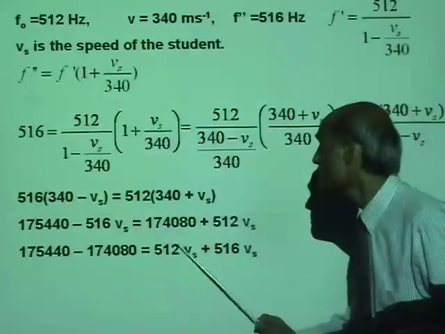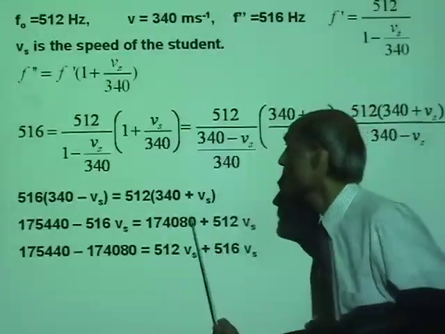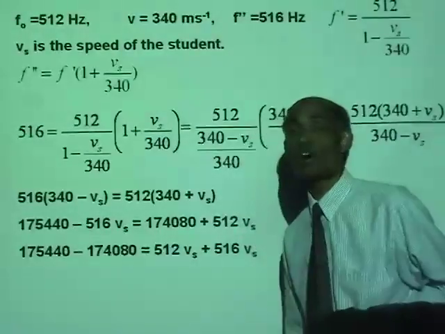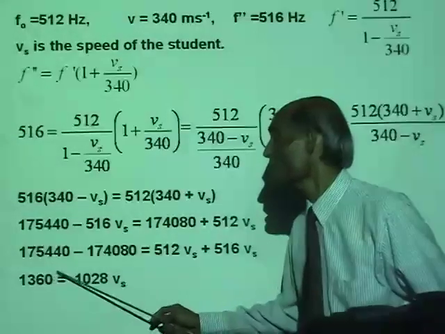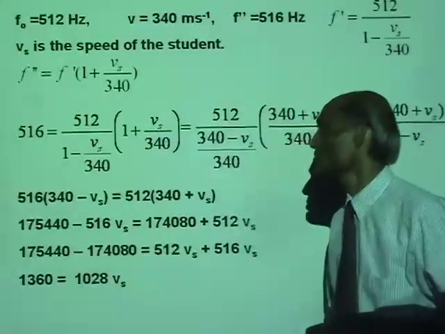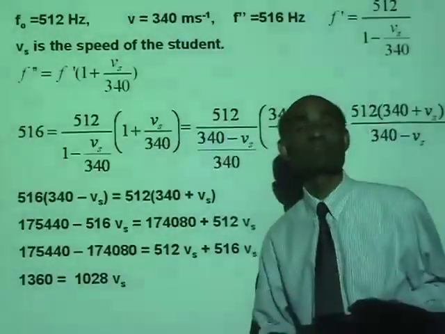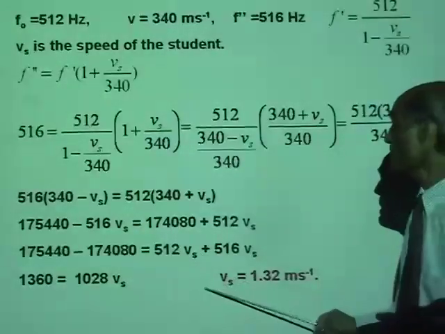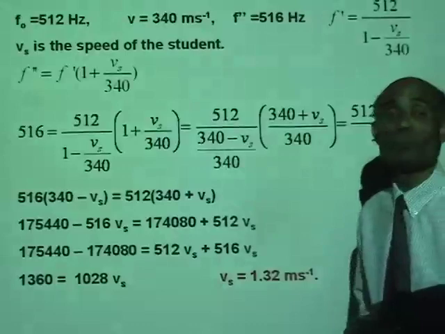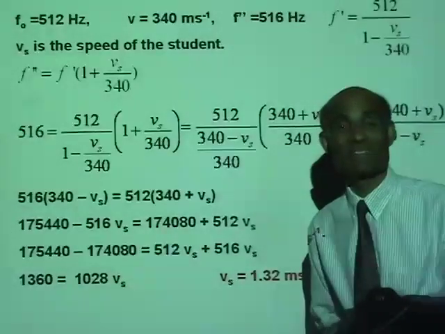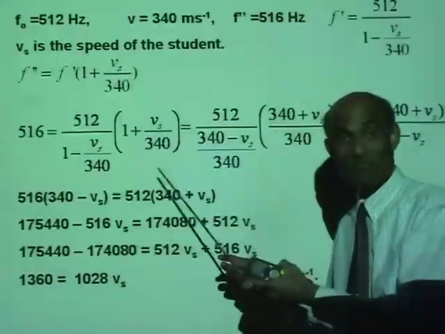Combine terms in Vs on the right side and the numbers on the left side, and that gives me 1360 equal to 1028 Vs, or Vs equal to 1.32 meter per second.